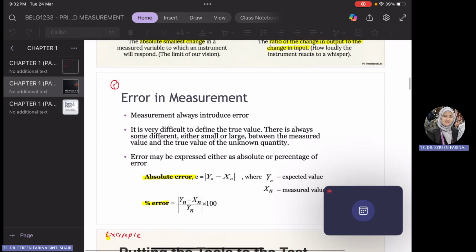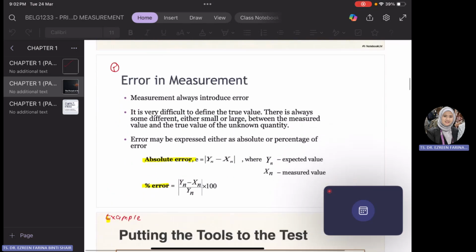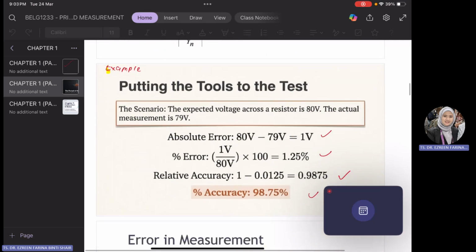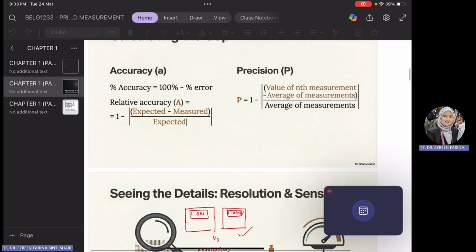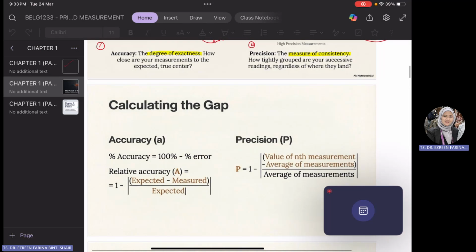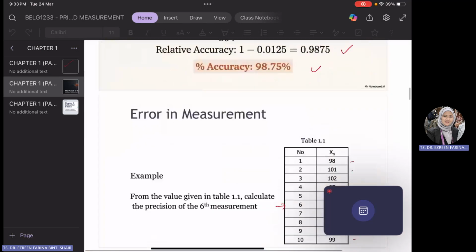These are the formulas you need to use to calculate the absolute error and the percent of error. In last week's lecture, we tried this example: how to calculate the absolute error, percent error, relative accuracy, and percent accuracy using the formulas mentioned before.